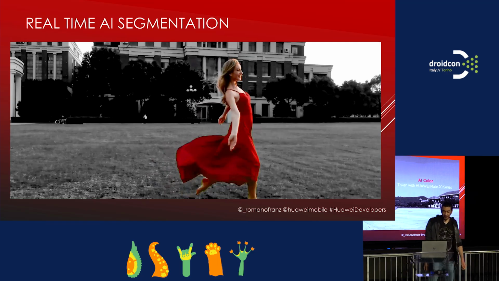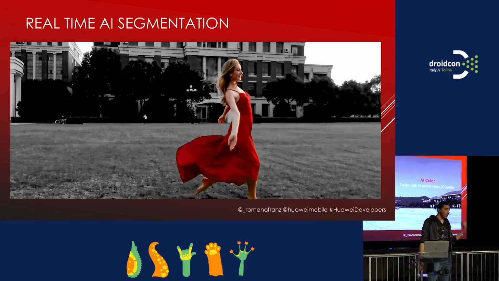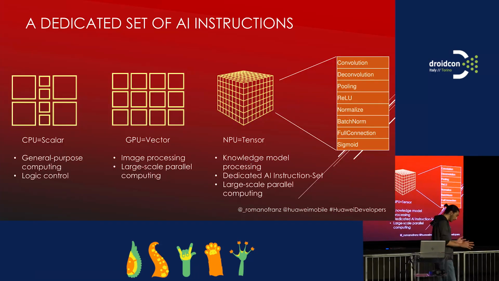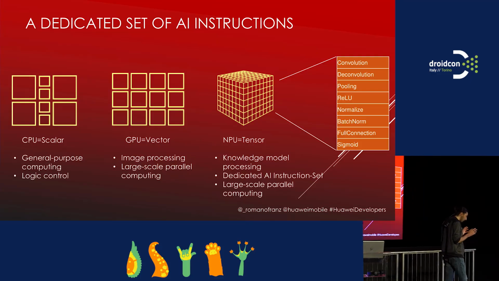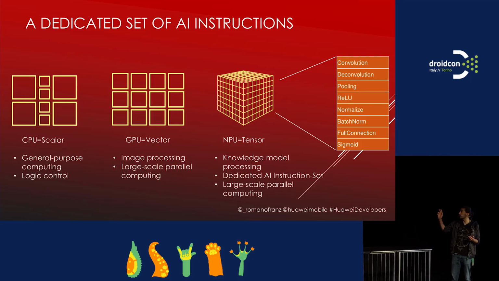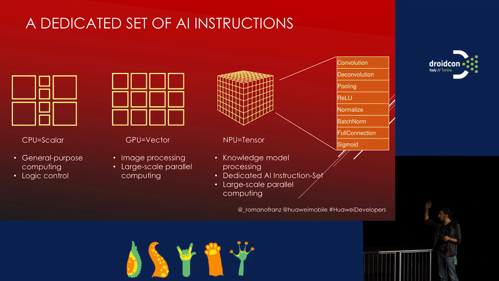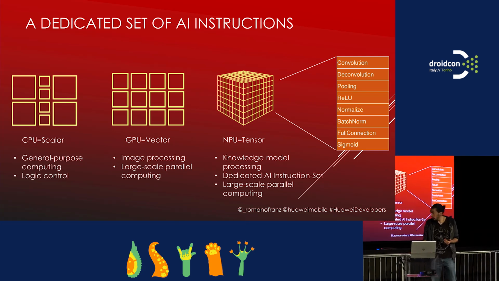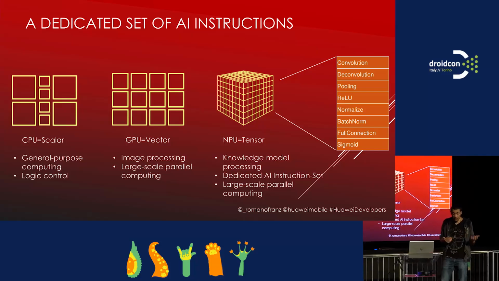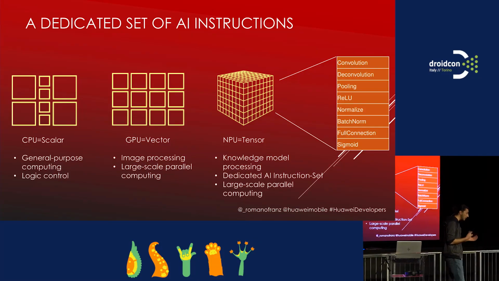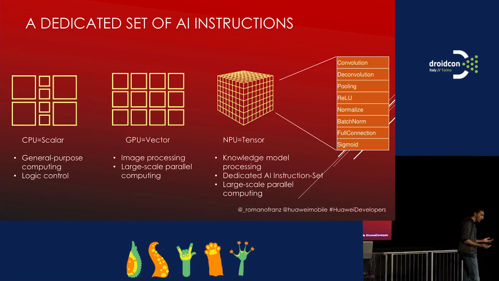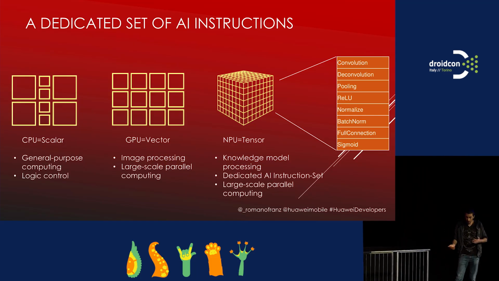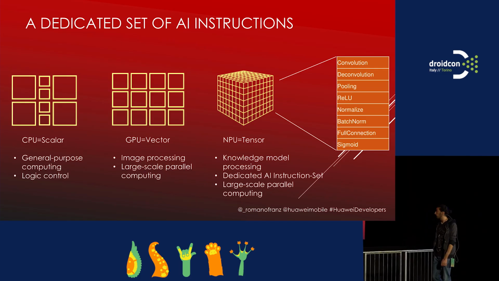Thank you. Okay. How do we achieve this stuff? Well, we built a dedicated chipset with a specific set of instructions. You can imagine the CPU is meant for general purpose and logic control, so you have instructions, I mean hardware instructions, like load a variable, add, jump if 0, you know better than me.